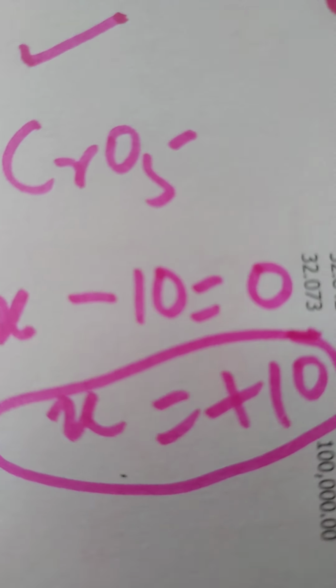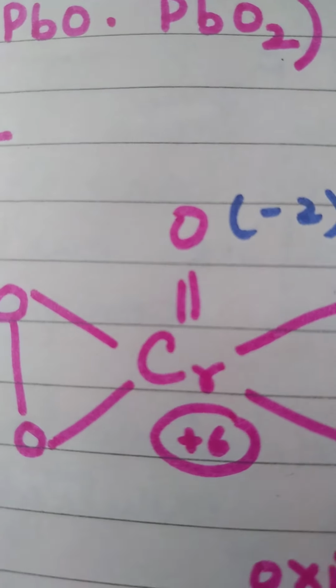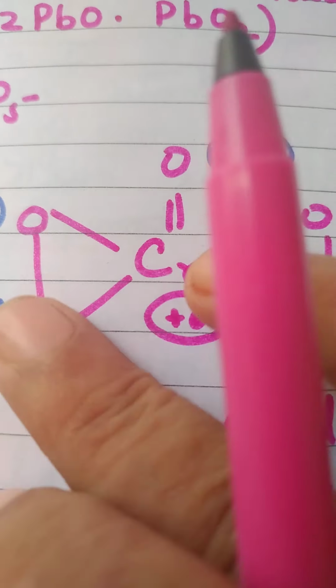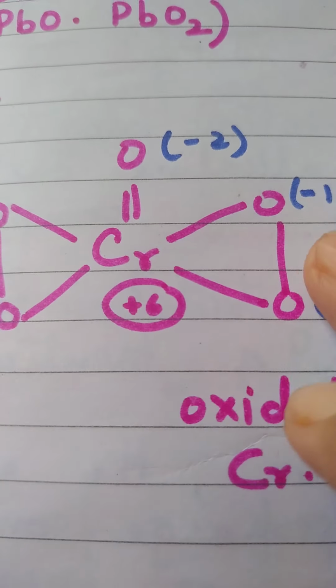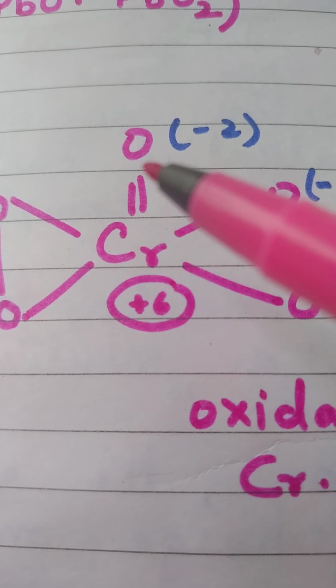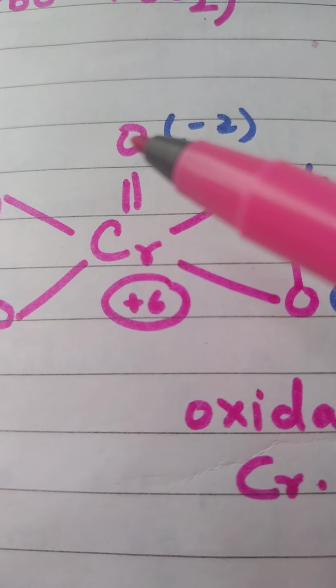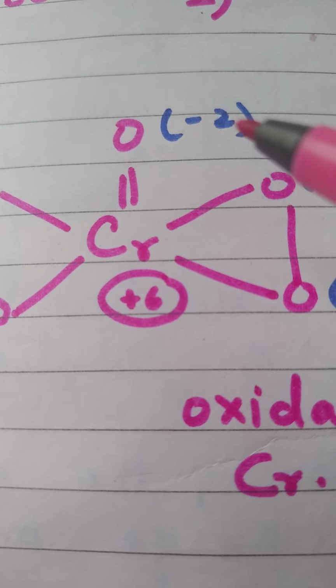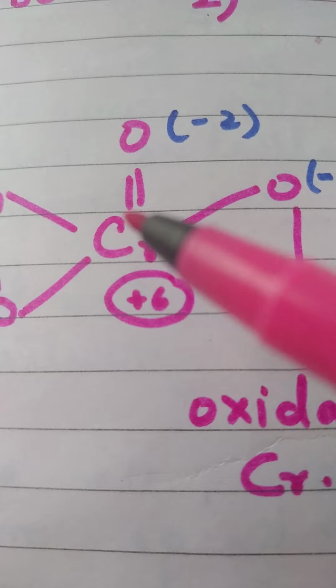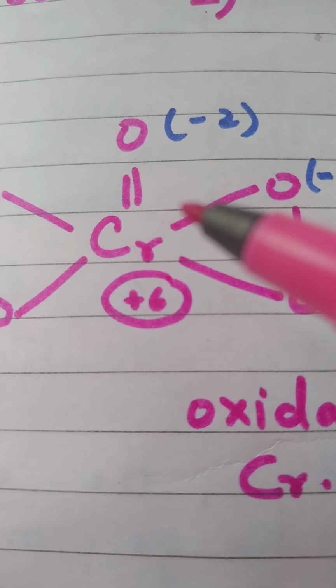Let us see how. If we have this compound, CrO5, the structure is this. See these two bonds. Here the charge will be minus 2 for this oxygen. It is sharing 2 electrons, minus 2. So the charge on chromium will be plus 2.